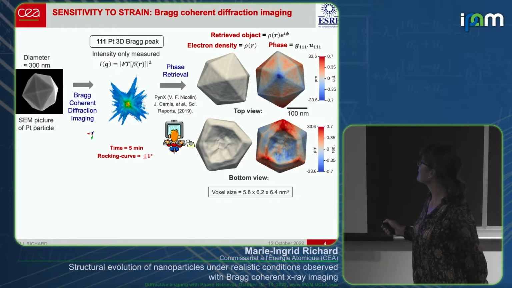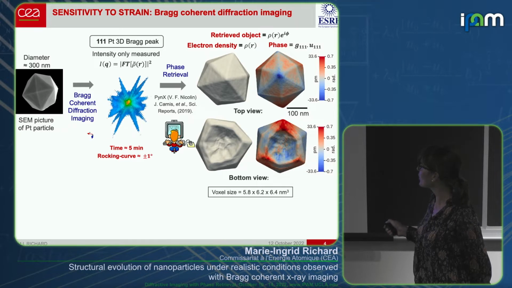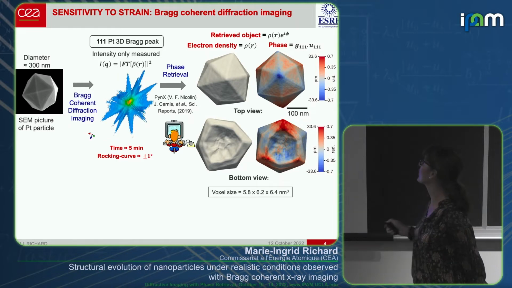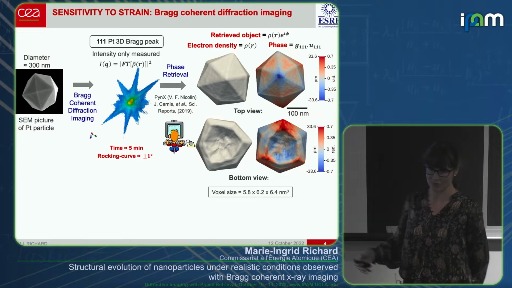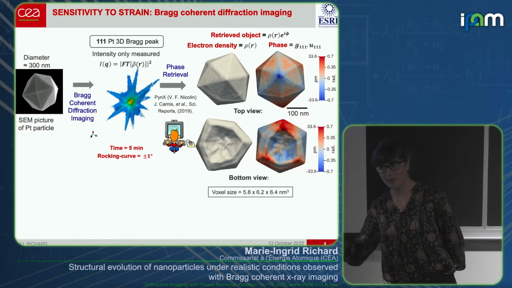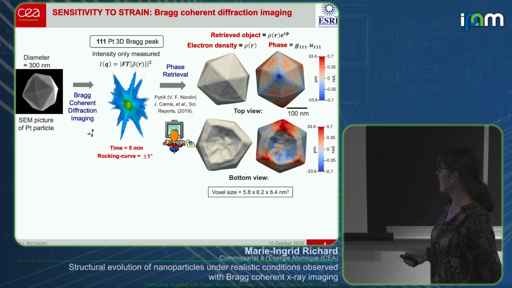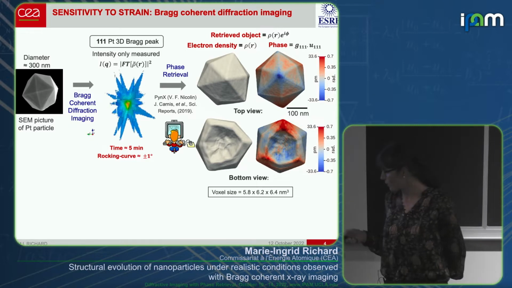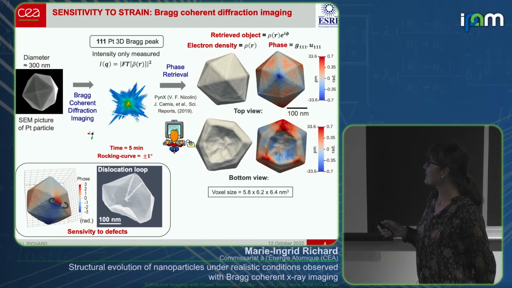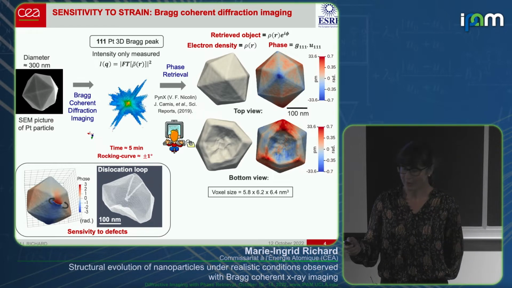You can see the top, corners and edges are in blue, meaning in compression, compared to the facets, which are in tension. And this can modify the adsorption energies of the reactants. Here is the size of our voxel for the reconstruction. The technique is also very sensitive to defects.